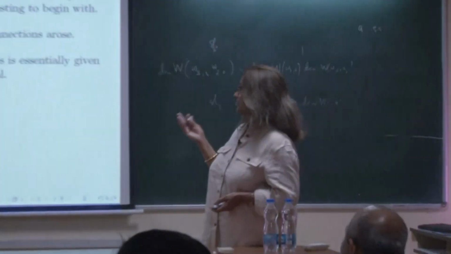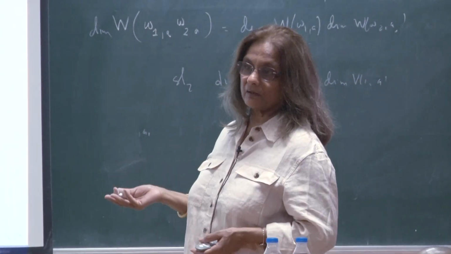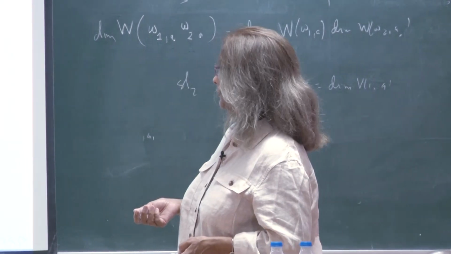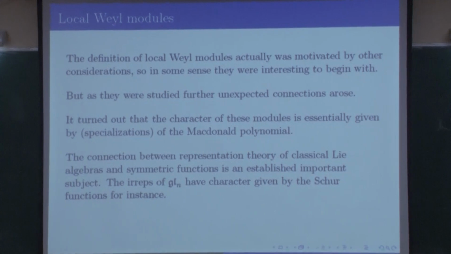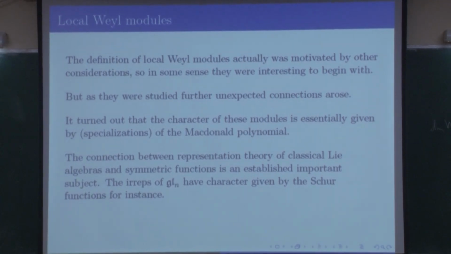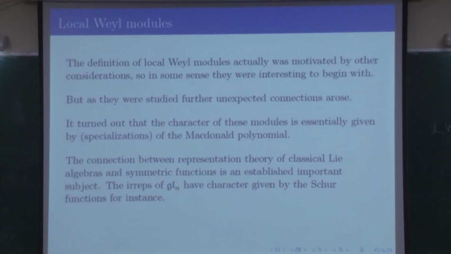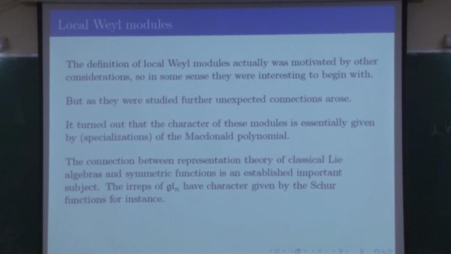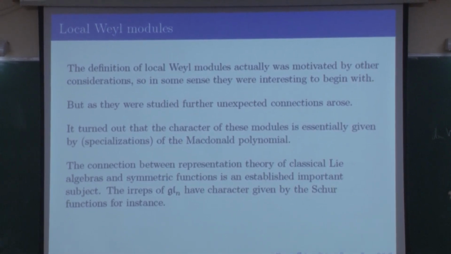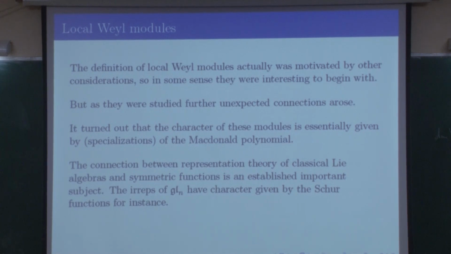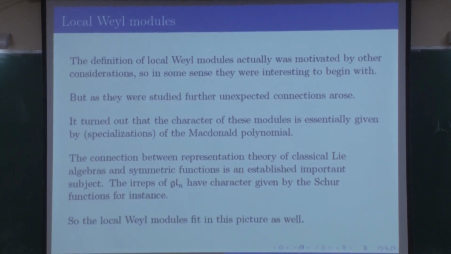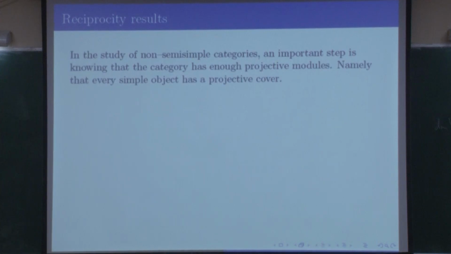This connection between symmetric functions and representation theory is also old. In the case of GLn and finite dimensional representations, the character is given by the Schur functions. So it's a very old connection. Now these modules have this nice property that the connection is with more complicated objects than Schur functions, because the modules are more complicated, but they're the Macdonald polynomials. So this is one further reason why they're interesting. Are there any questions?